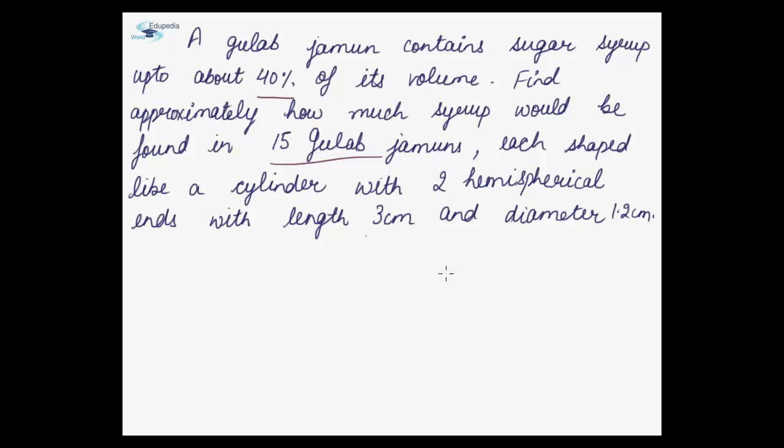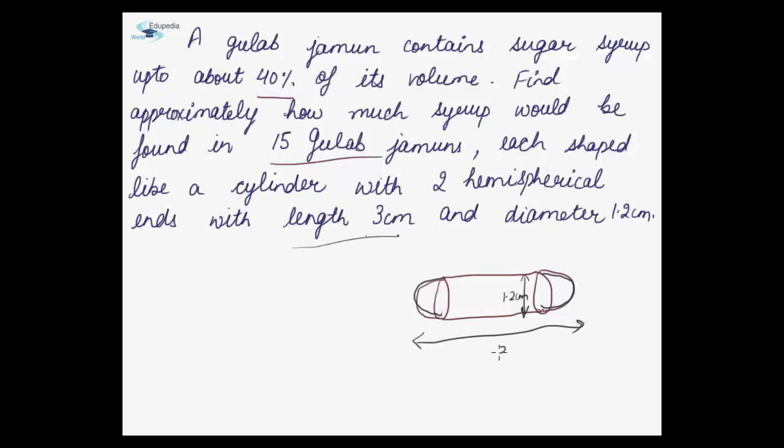So friends, the shape of the gulab jamun is like a cylinder with hemispherical ends, and diameter is 1.2 centimeters whereas the length of this gulab jamun is 3 centimeters.